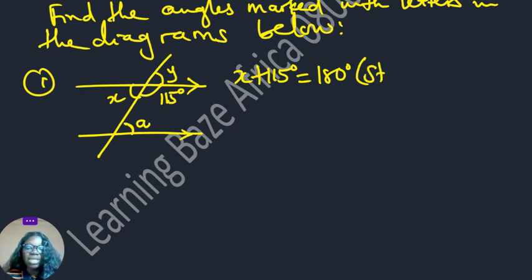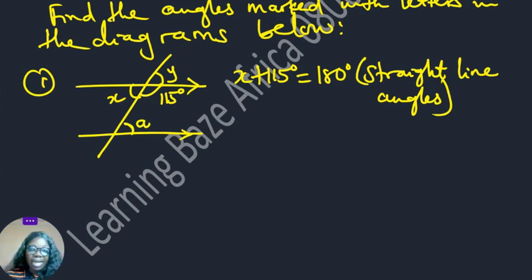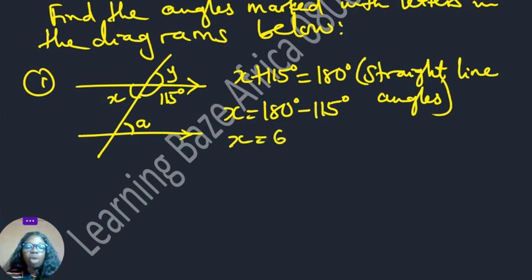It is because they are straight line angles. So always give the reason. That's what earns you marks during examination or classwork. Straight line angles, or you say angles on a straight line. So that will be X equals 180 degrees minus 115 degrees. That's equal to 65 degrees. So the value of X here is 65 degrees.